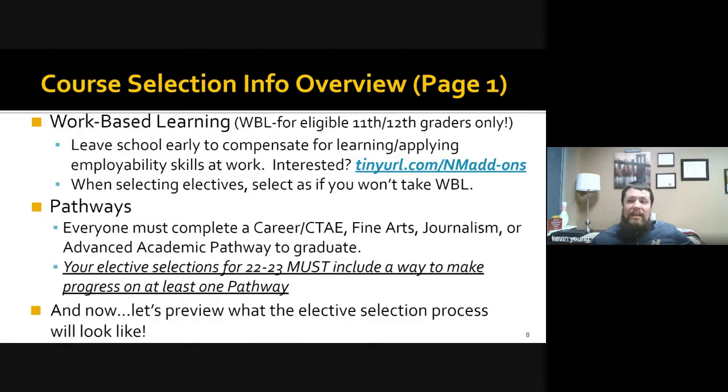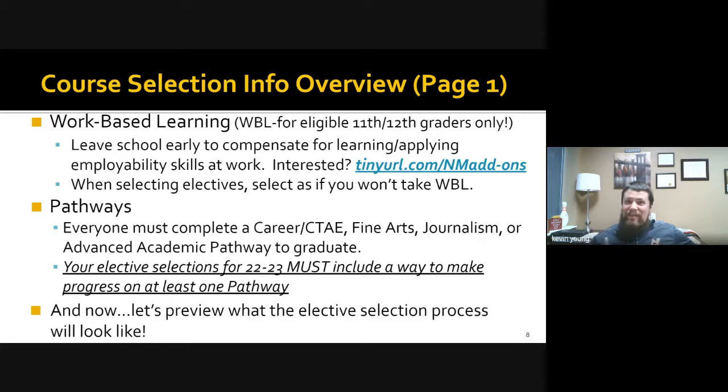So the elective selections, you can see mentioned on this pathways line here, and beneath it, everyone must complete a CTAE, fine arts, journalism, or advanced academic pathway in order to graduate.